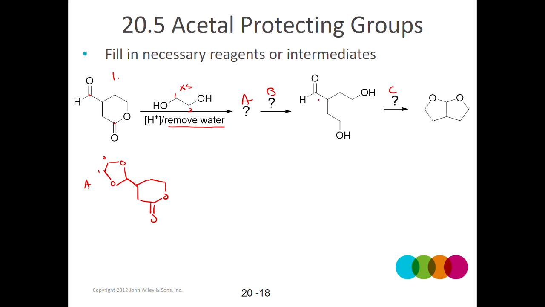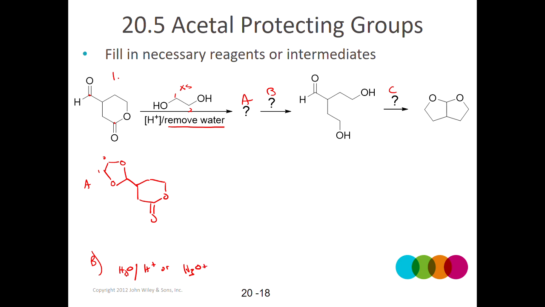So then how do I convert that into this compound? Well, I know I can remove the cyclic acetal and get the carbonyl carbon back if I use H2O and H+, which I could also just write as H3O+.